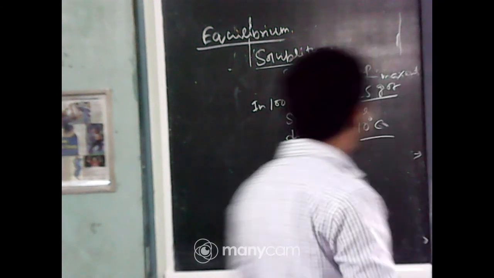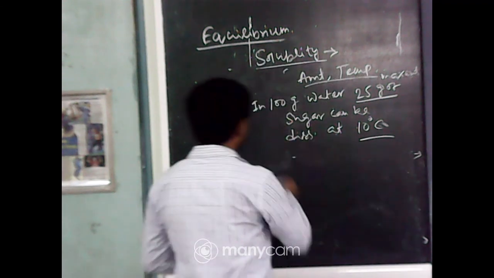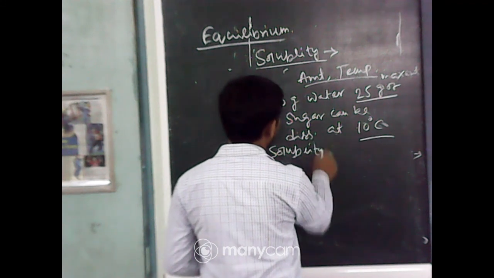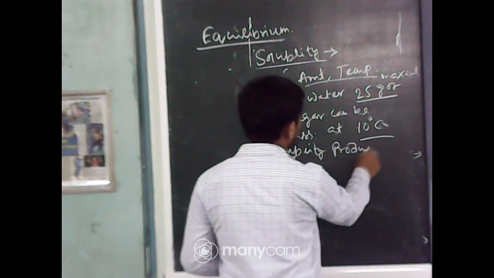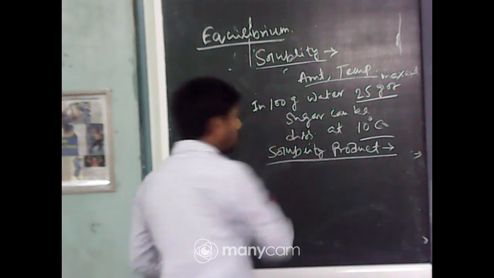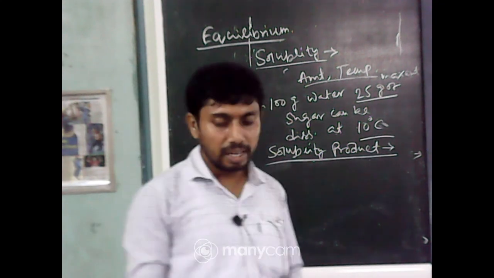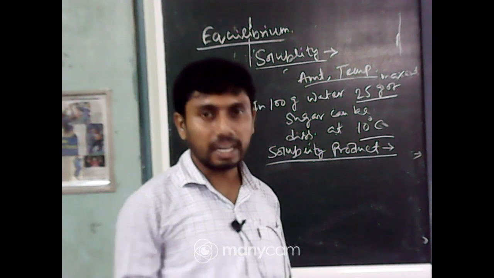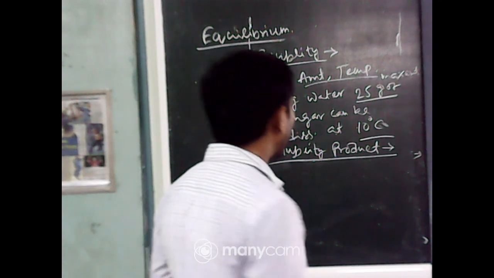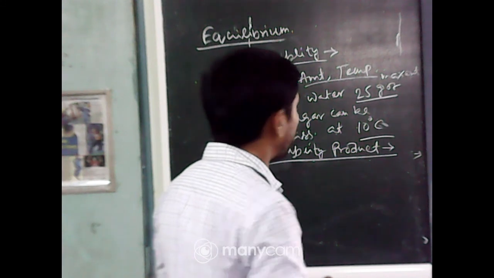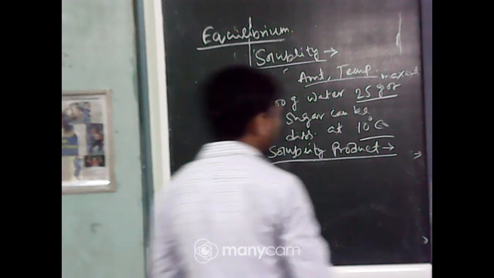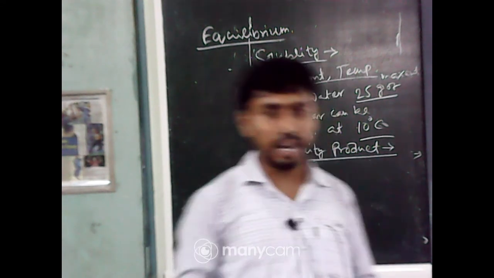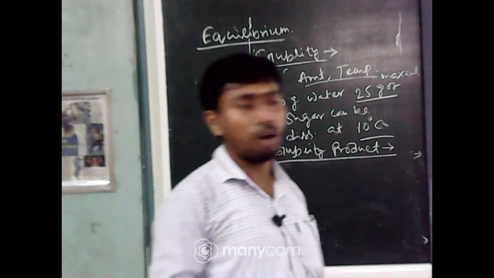Okay. Now, next point, what is solubility product? The solubility product is the product of the concentration of the cations and anions, each raised to the power of its number.